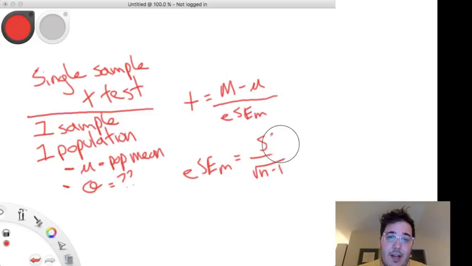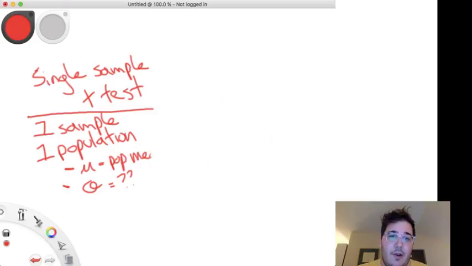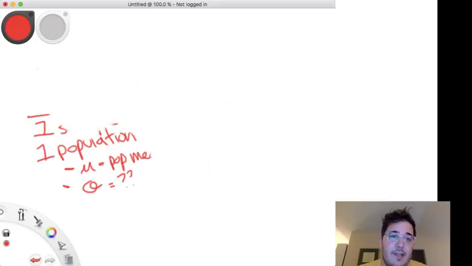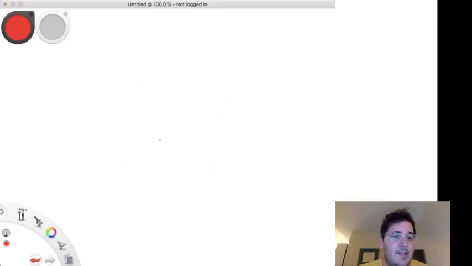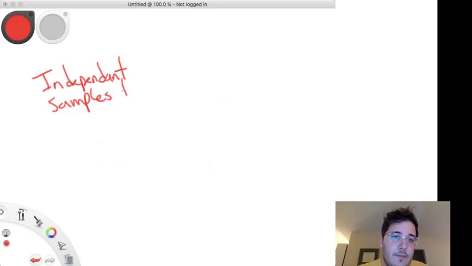So I'm trying to go in order of how they were taught in class. So we did z-test, we did single sample t-test, and then next we did independent samples t-test. So this is the next one.